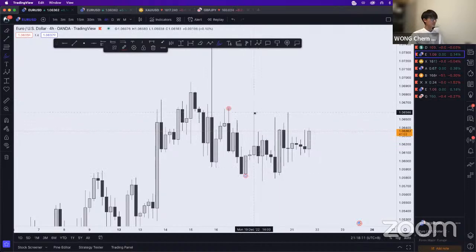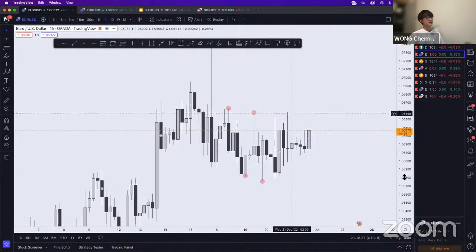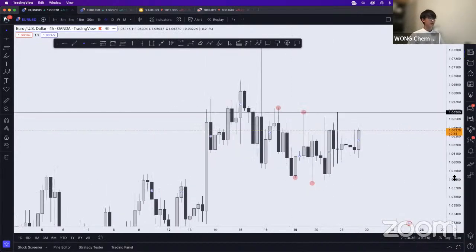The next higher high for this bearish trend is actually here, and if you draw a line, we see that price tapped very closely into that high and cleared the liquidity, and then it went down from there.